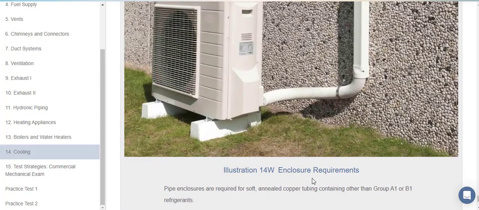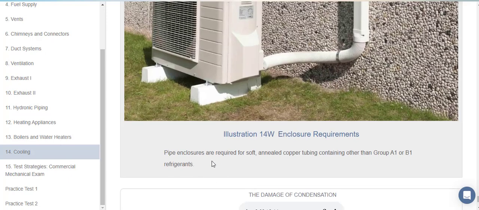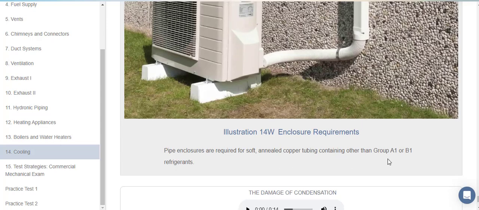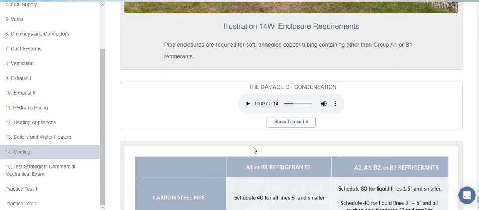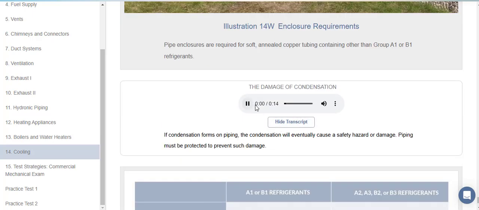Illustration 14W, enclosure requirement. Pipe enclosures are required for soft annealed copper tubing containing other than group A1 or B1 refrigerant. If condensation forms on piping, the condensation will eventually cause a safety hazard or damage. Piping must be protected to prevent such damage.